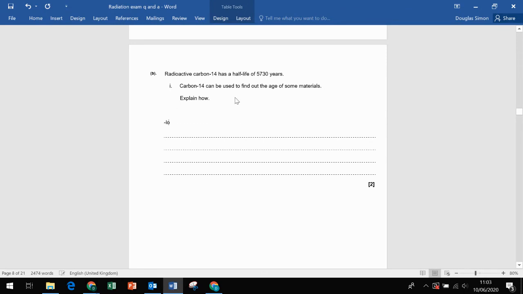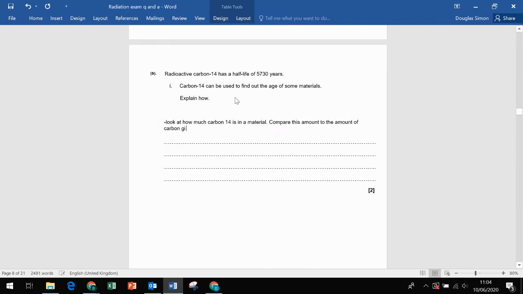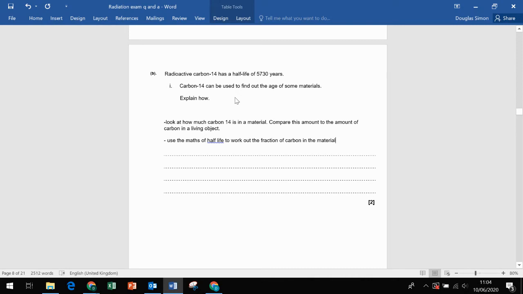So what you need to do, you need to look at how much carbon-14 is in a material, and then you compare this amount to the amount of carbon in a living object, and then we use the maths of half-life to work out the fraction of carbon in the material, and then we can work out its age.